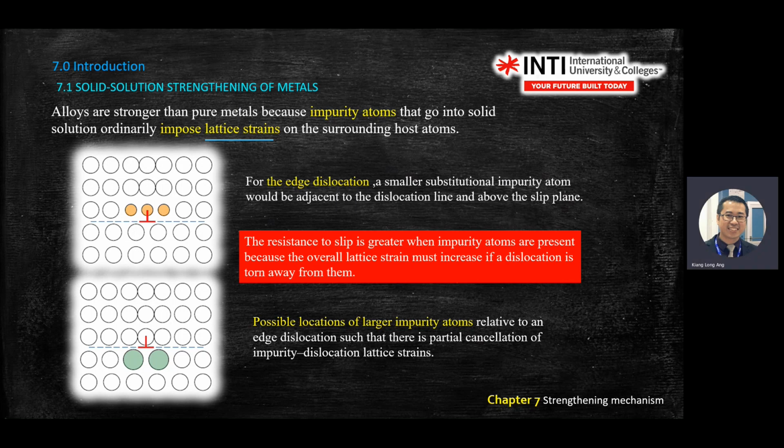Slip means you allow the atoms to move. The easier it is for atoms to move, the easier it is to deform. For metals, resistance to slip is greater when alloying atoms or impurity atoms are present, because the lattice strain must increase if the dislocation is torn away from them.